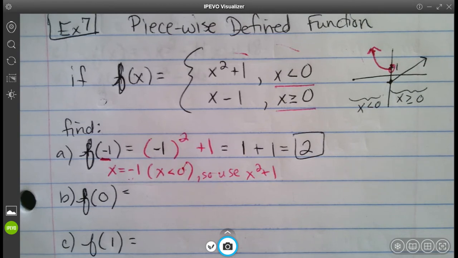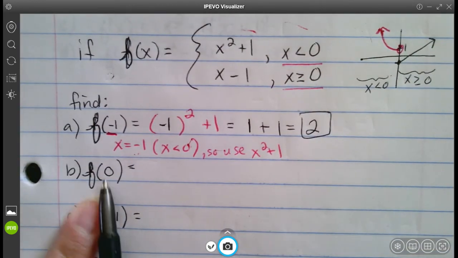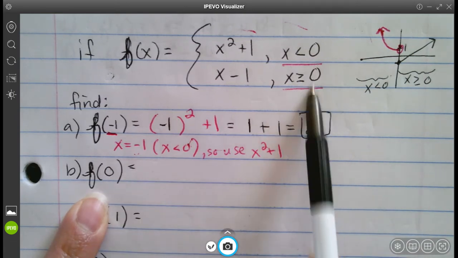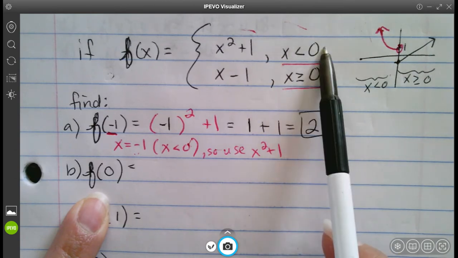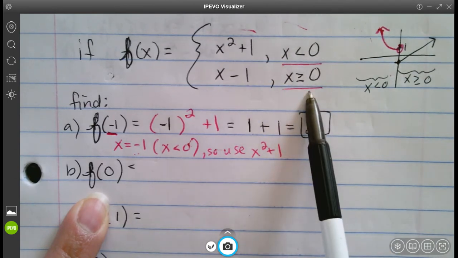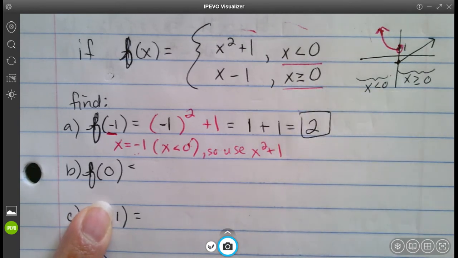Okay, next one, letter B, f of 0. This one's a little tricky because you can see that both of them have a 0. So you have to decide, is it going to be less than 0, or is it greater than or equal to 0? Hopefully you chose the bottom one, okay?